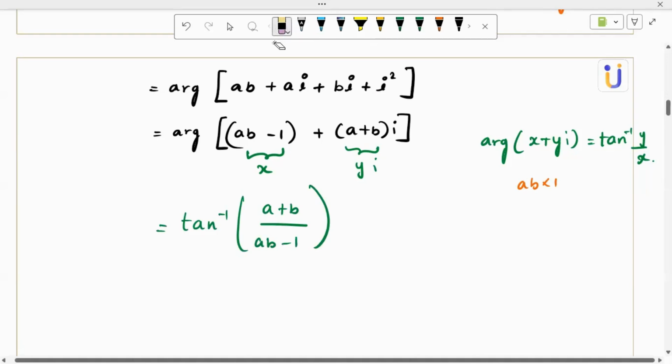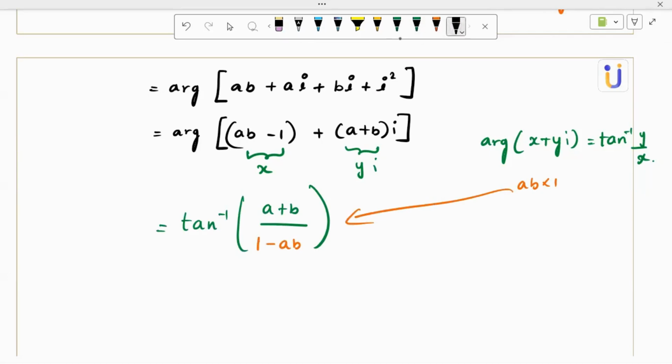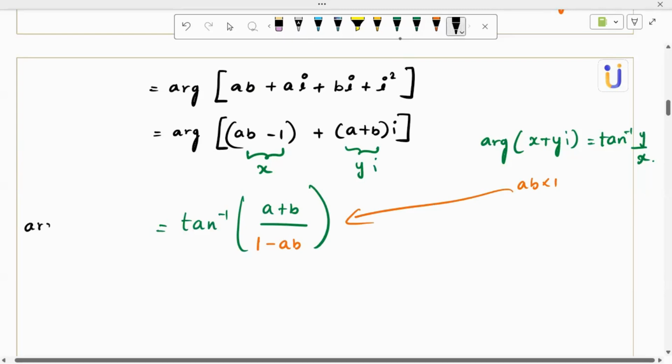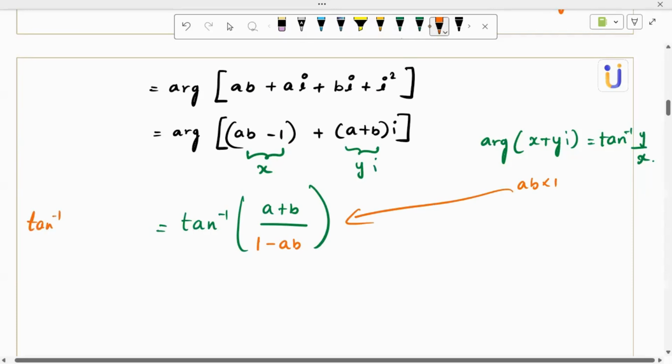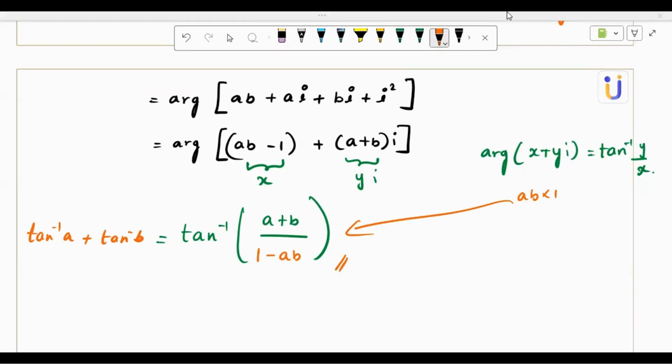We only take the positive. So you just switch the term to 1 minus ab. Since ab is less than 1, this is the valid format here. And yeah, so I started from the LHS, which says tan inverse a plus tan inverse b, and we end up with the RHS. So hence the proof. Very simple one. And we are moving to the next part.